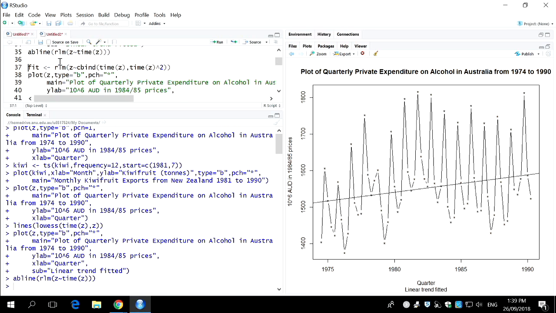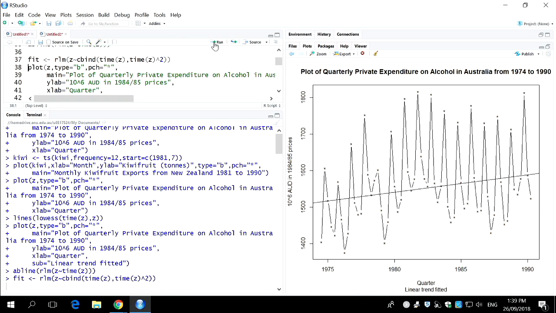Well, we could say, okay, maybe a quadratic will fit this okay, right? So let's go ahead and fit a quadratic. It's easy to do. We go rlm, z tilde, and we give it time of z and time of z squared. Okay? Simple thing to do. So let's do that.